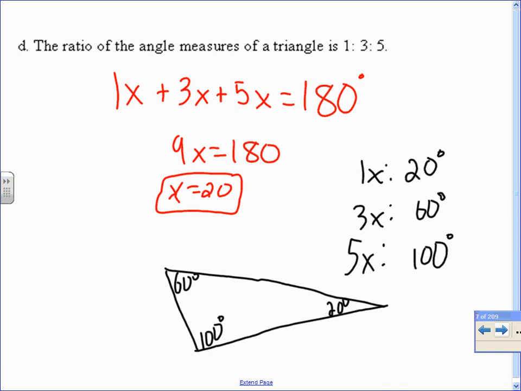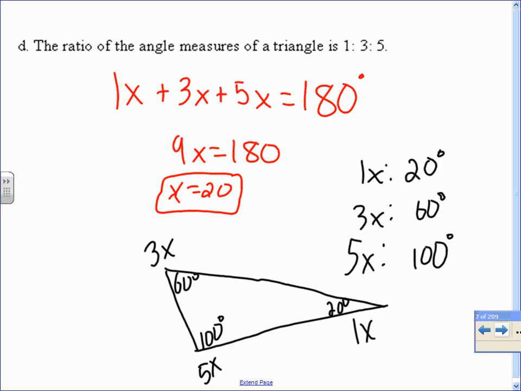Annalise? You don't have to. You can do what Emma did. Emma just added 1, 3, and 5 and got 9, because they're telling you that one of the angles is represented by a ratio of 1, another angle by a ratio of 3, and another angle by a ratio of 5.